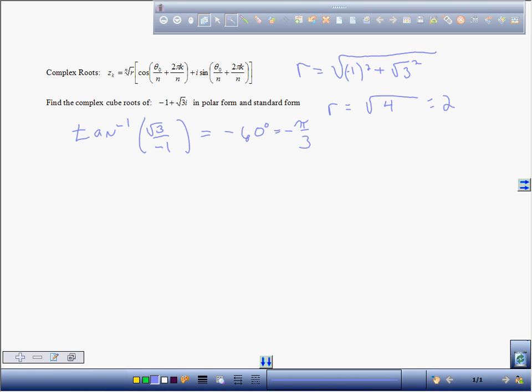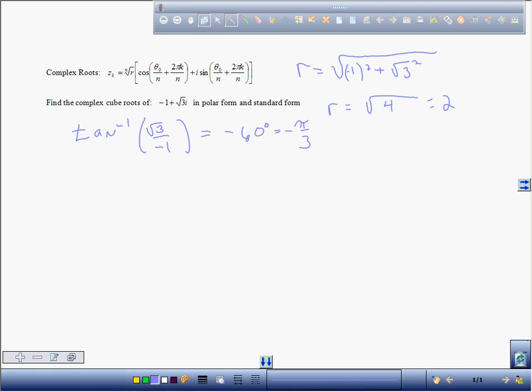This is what I wrote up here. If both x and y are negative, add 180, because inverse tangent will give you a negative angle, but really what you want is the angle that is in the third quadrant in this case. And if just x is negative, that means you're in the second quadrant, but taking the inverse tangent of that will give you an angle in the fourth quadrant.